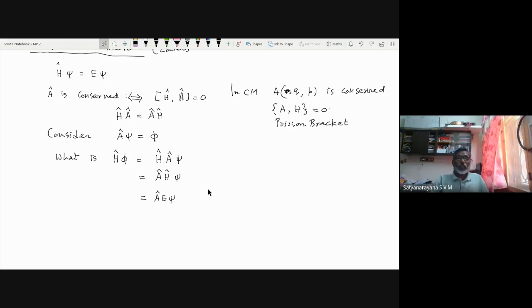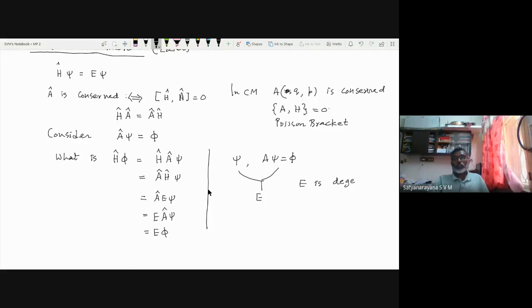Now E is just a number or a constant, so I can pull that out. That is A psi. But what is A psi? Is simply phi. So what is that we got? We got H phi is also equal to E phi. That means we have psi and A psi, that is equal to phi. These are two states or two wave functions having same value of energy E. That means what? This E is degenerate.